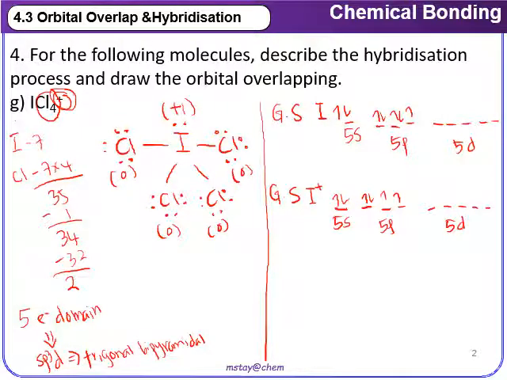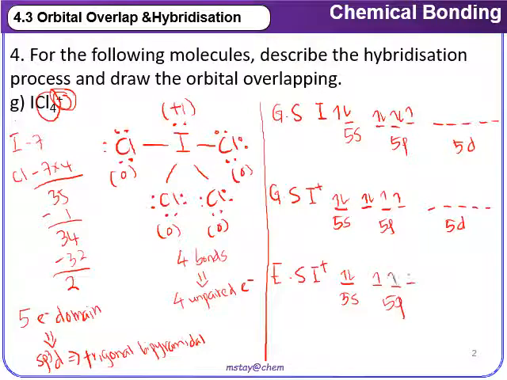Then based on the structure here, we have 4 bonds, so it means we are going to need 4 unpaired electrons. But in the ground state here, there are only 2 unpaired electrons. So we proceed to an excited state for the I+. One of the electrons from the 5p will be promoted to 5d, so that now I+ has 4 unpaired electrons.